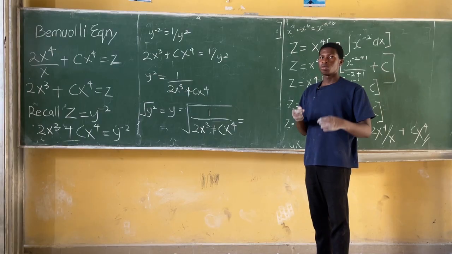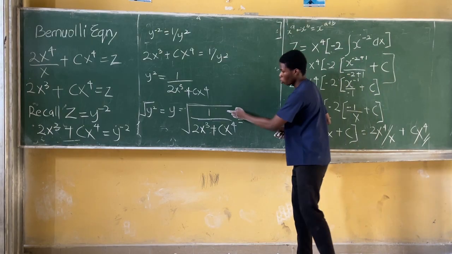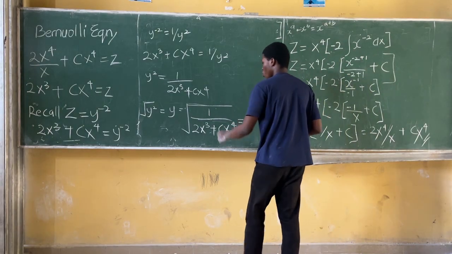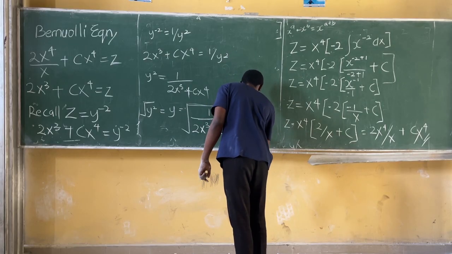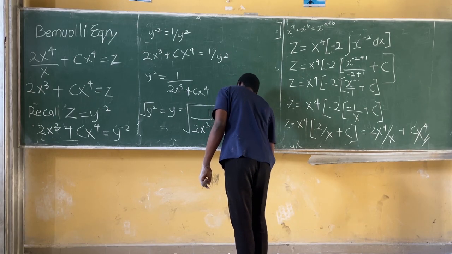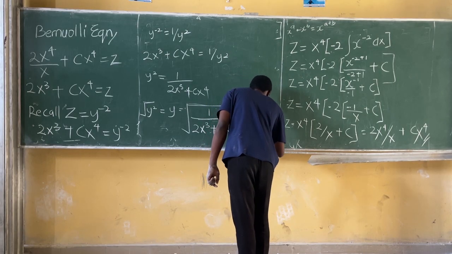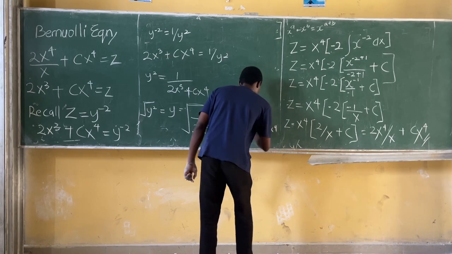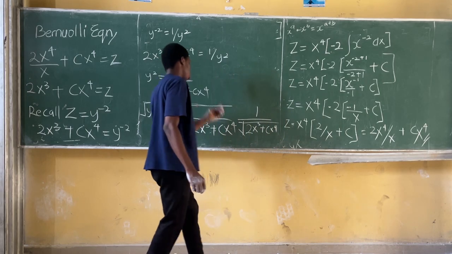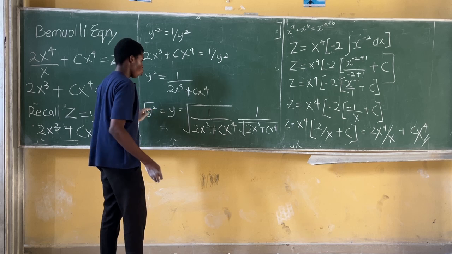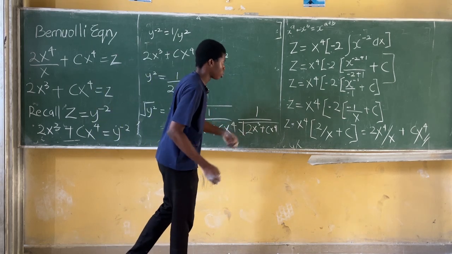The square root is going to take the numerator and also take the denominator. So the square root of 1 is 1, divided by the square root of 2x cubed plus cx to the power 4. So that is your final answer for this. y is equal to this.